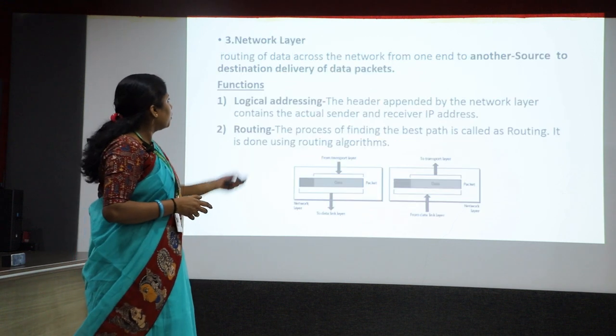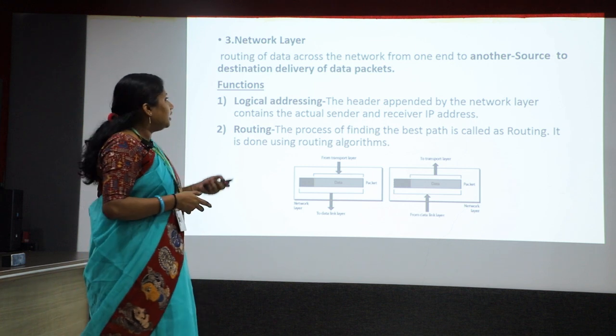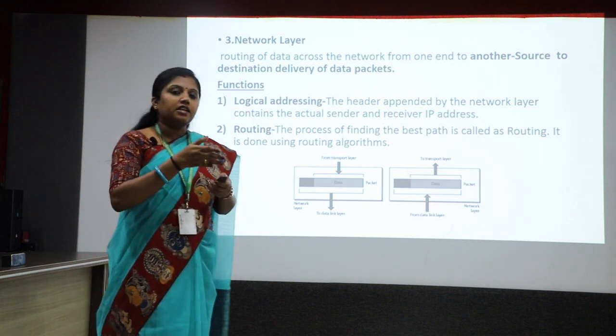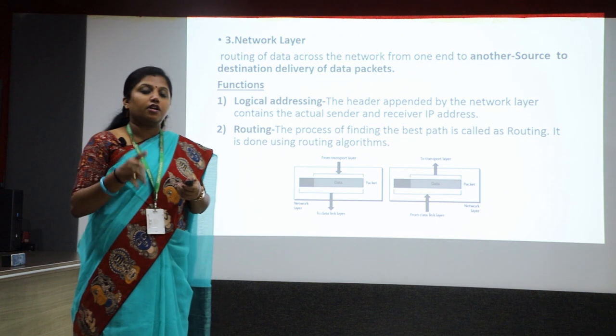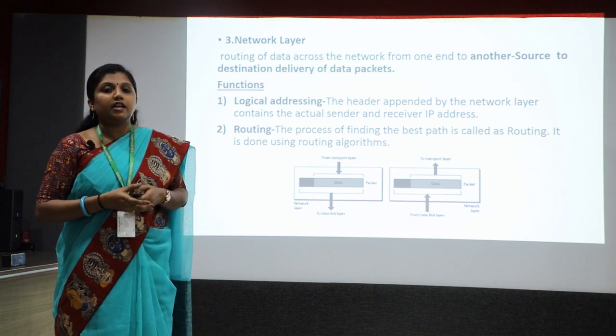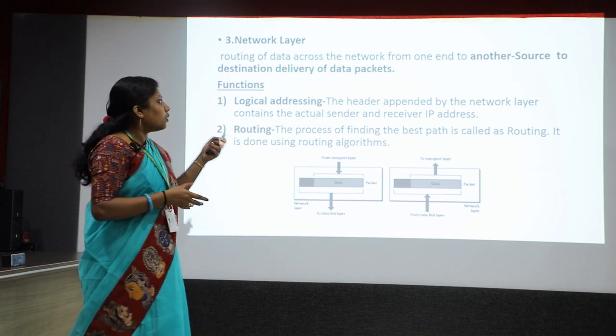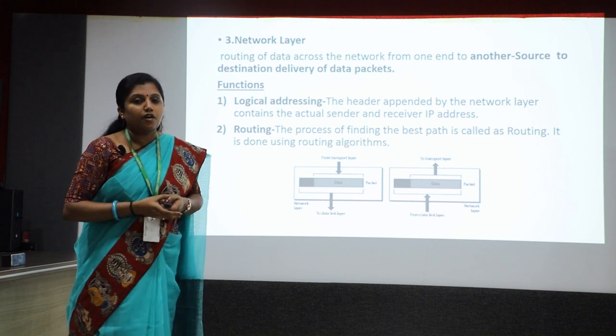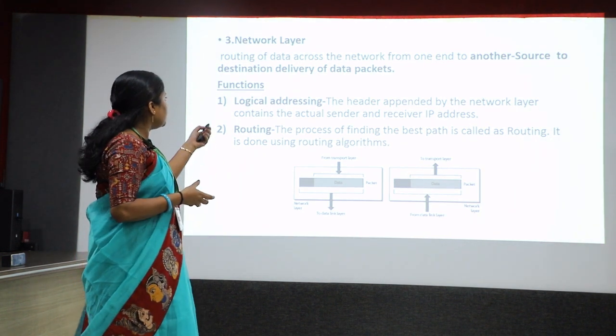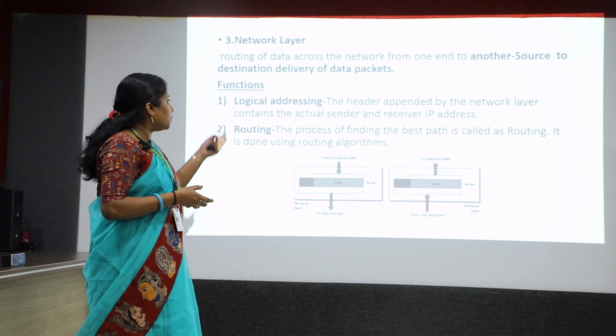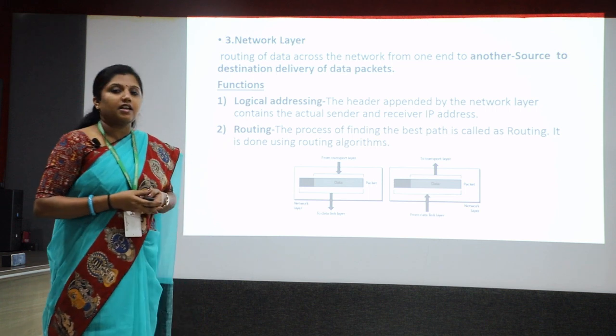Next, we will move on to the network layer. In the network layer, the data is divided into units known as packets, and the network layer is responsible for source to destination delivery of data packets. The important functions of the network layer are logical addressing and routing.